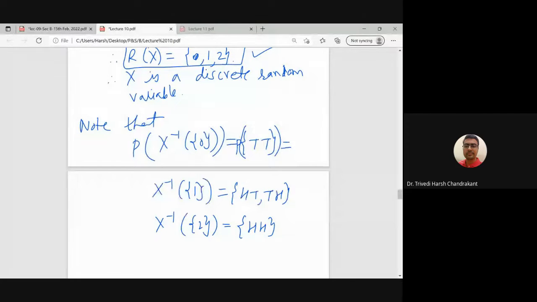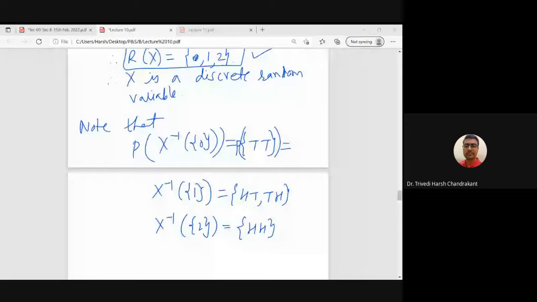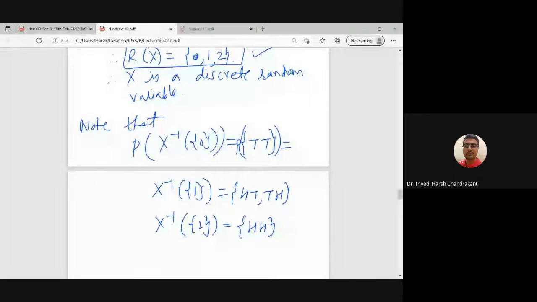TT is one outcome. There are 4 outcomes. So that means the probability is 1 divided by 4. Similarly, the probability of this event is essentially 1 by 4 plus 1 by 4, that is 2 by 4, and that is nothing but half.